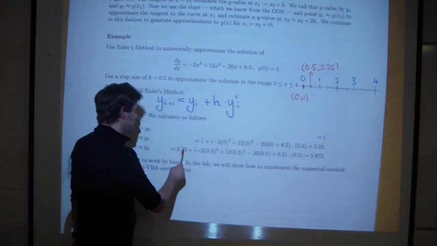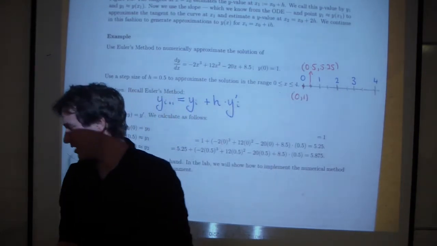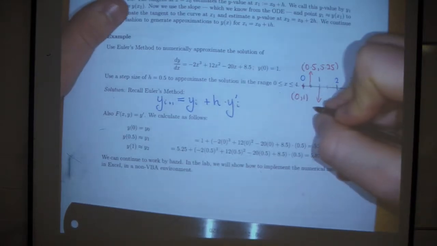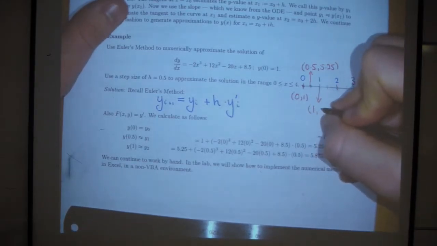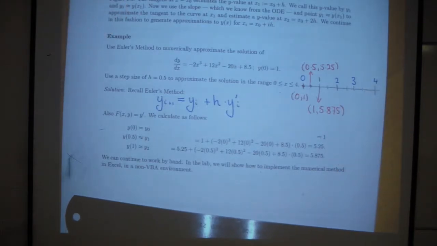So I have the previous y value plus step size times slope, and we get 5.875. And that is an approximation to the exact solution at x equal to 1.